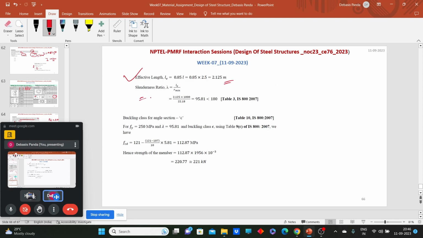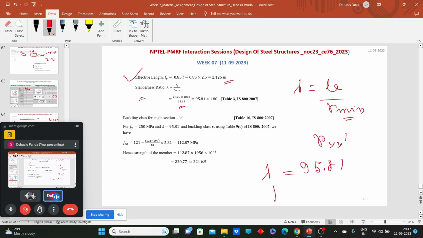So what is the value of the slenderness ratio? Lambda is equal to L effective by R minimum. R minimum we have just found, 22.18, which is nothing but the R about the y axis of the compound member. Now the value of lambda is 95.81.